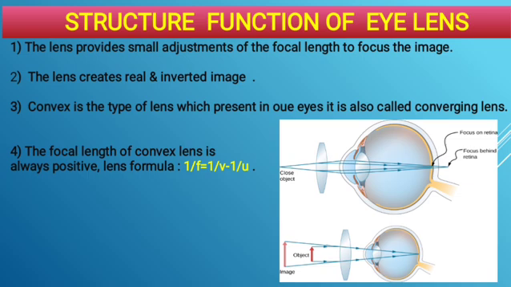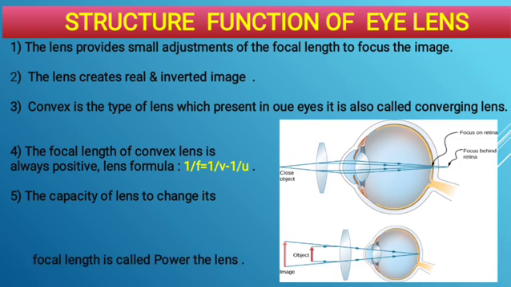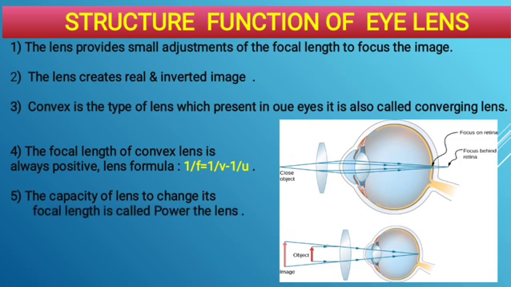The capacity of the lens to change its focal length as per need is called its power of accommodation. Although the elastic lens can change its focal length to increase or decrease it, it cannot go beyond a limit.